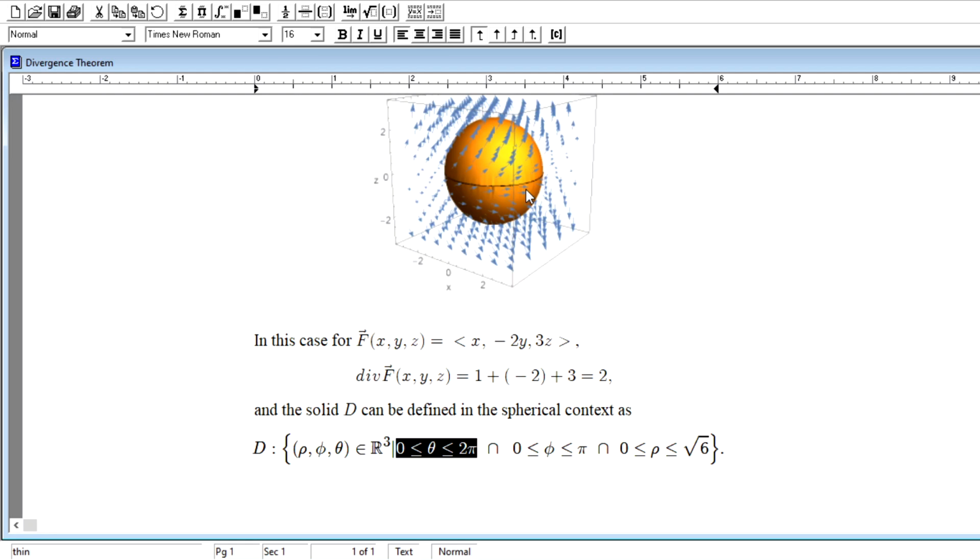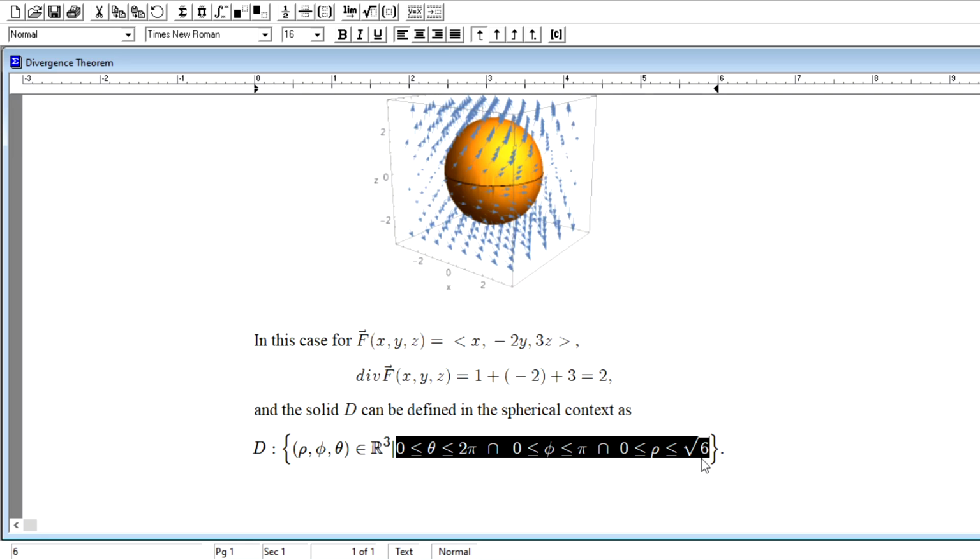The sphere forms angle measurements with the North Pole, phi values that start at phi equal to 0 at the North Pole and continue all the way down and around to the South Pole, where phi is equal to pi. So that is across these bounds of phi from 0 to pi. And the solid forms distances from the origin, rho, that start at the center of the sphere and continue all the way out to that outer edge, from 0 all the way out to the square root of 6.